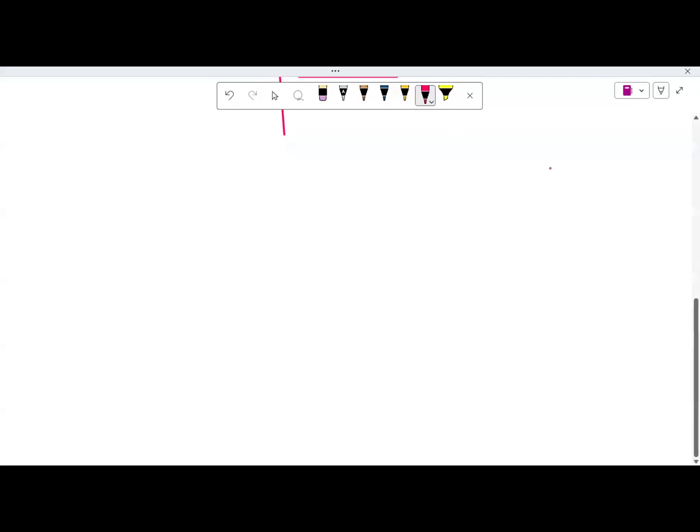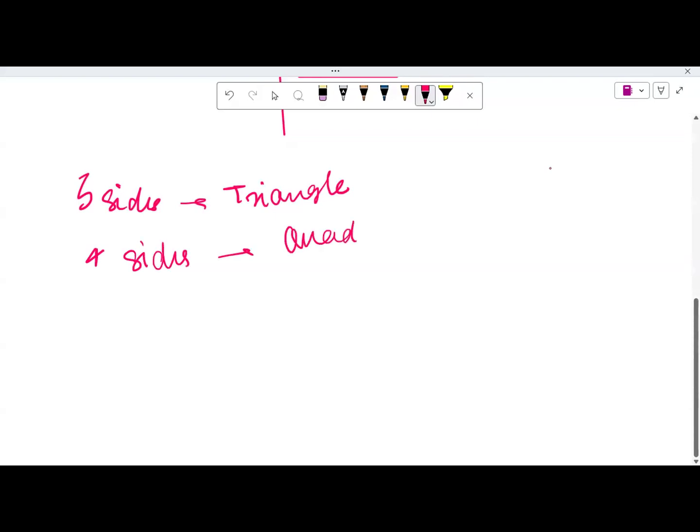Now, what was a polygon of three sides called? Triangle. Four sides? Quadrilateral. And six sides? Hexagon. Right.